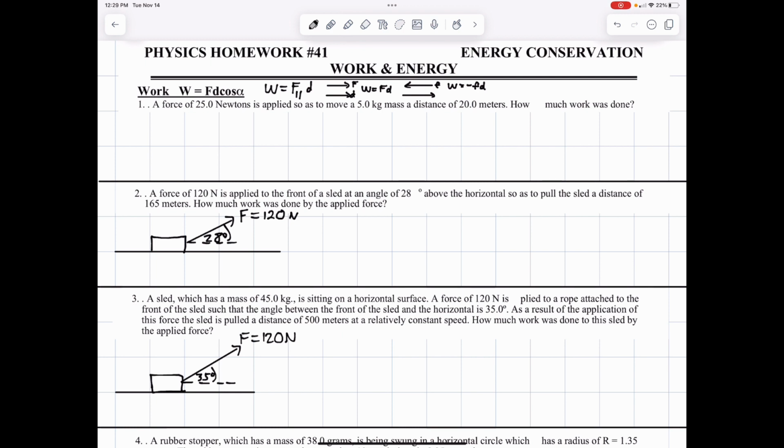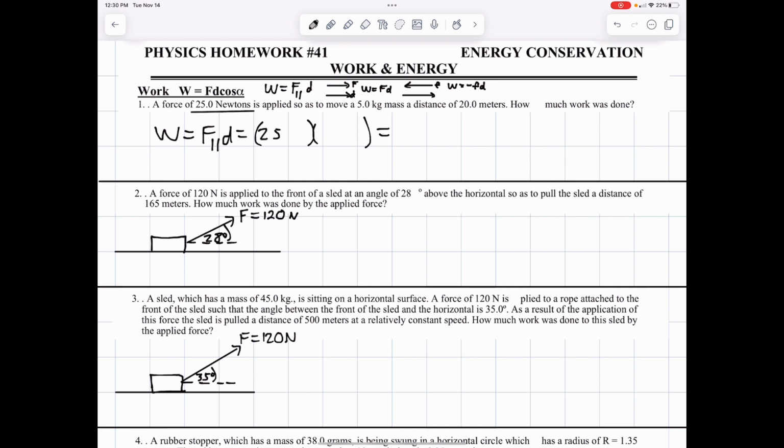Number 1, a force of 25 newtons is applied so as to move a 5 kilogram mass a distance of 20 meters. How much work was done? Okay, so work is done by a parallel component of force. The force is going to be the 25 newtons.